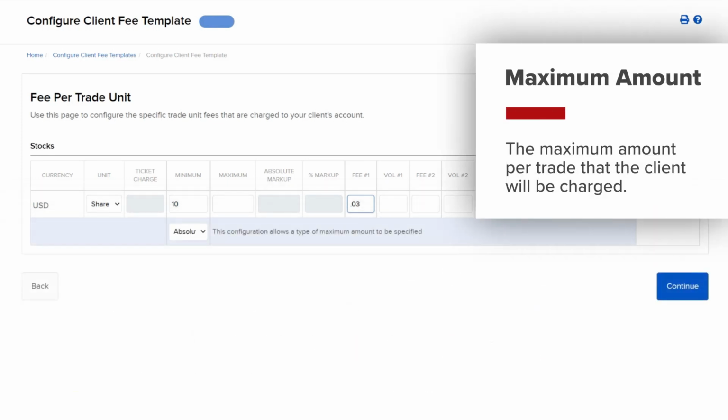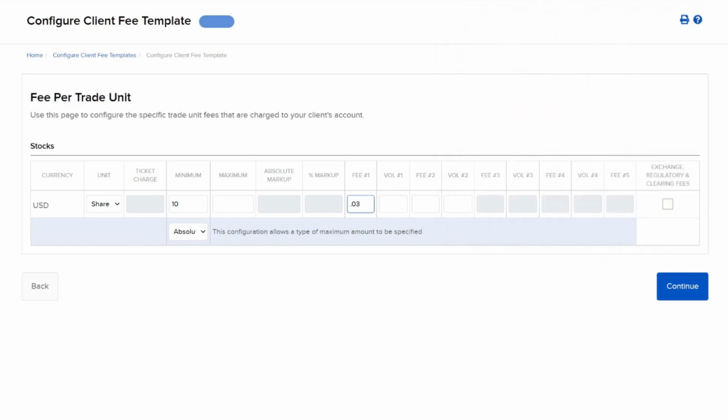Maximum amount is similar in that the broker can specify a maximum limit to charge per trade. Continuing from the previous example, the broker can also enter 30 in the maximum column, indicating that the maximum amount charged per US dollar stock trade will be $30.